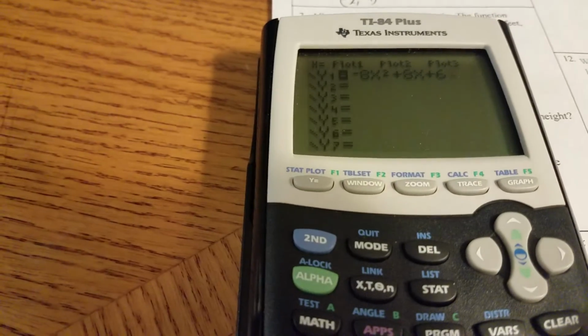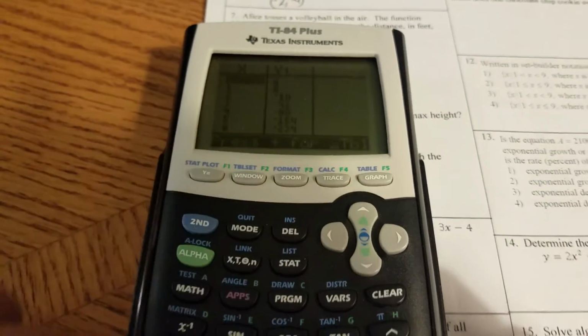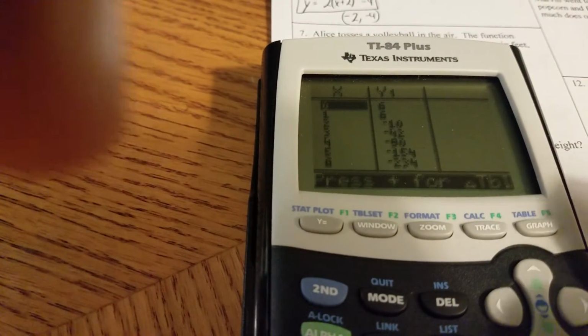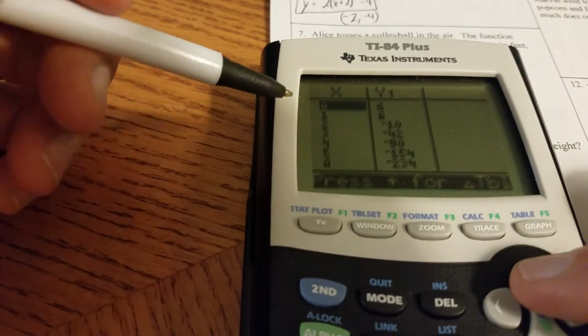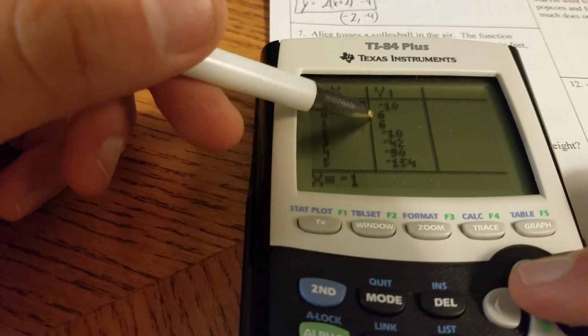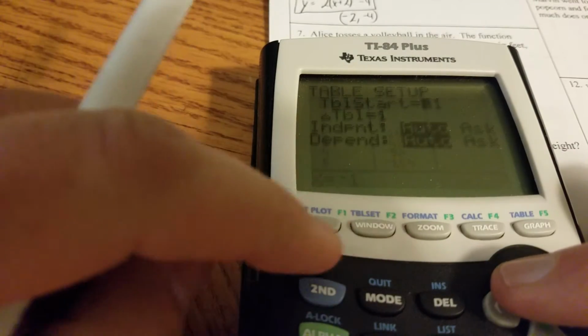Again, as you zoom in on there, you're going to graph it. Well, we're going to specifically look at the table. When you look at the table, you're going to notice 0 and 1 give you 6. That tells you by the duplication above that the axis of symmetry occurs within here, probably at 0.5, so we change our table set.